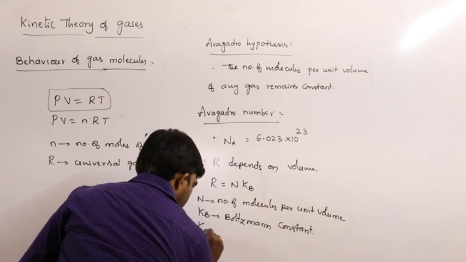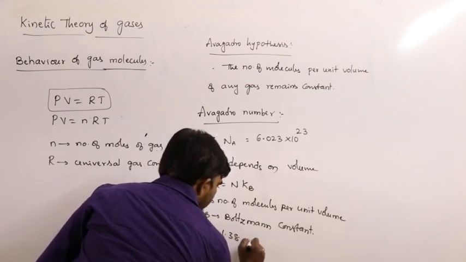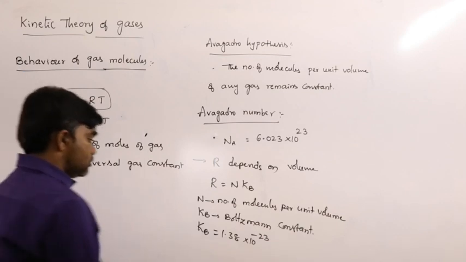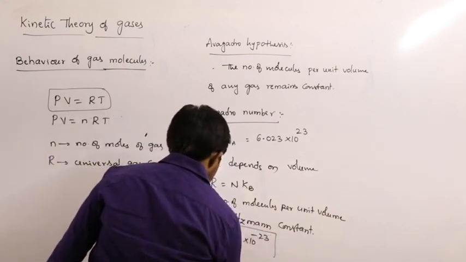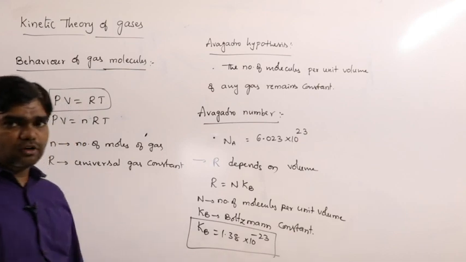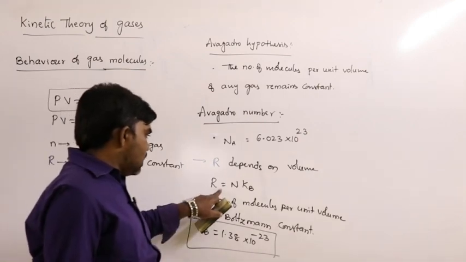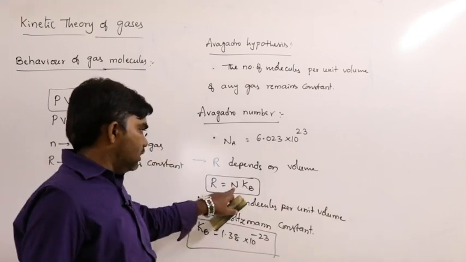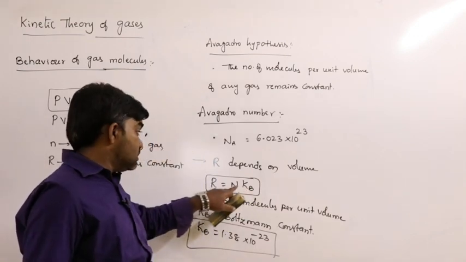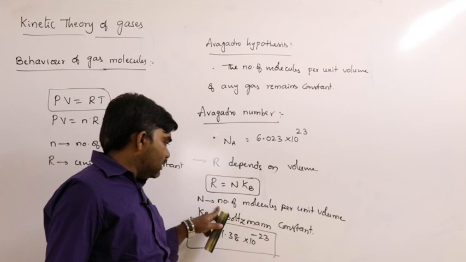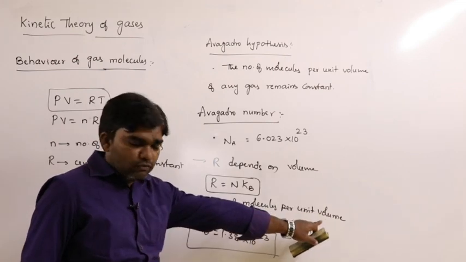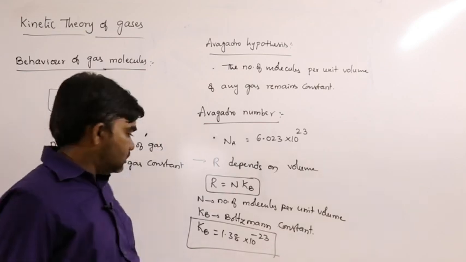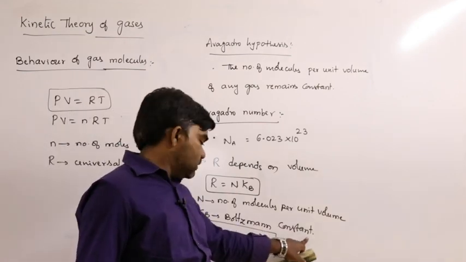The Boltzmann constant Kb is equal to 1.38 into 10 to the power of minus 23. So the universal gas constant R can be defined as R is equal to N into Kb, where capital N is the number of molecules per unit volume and Kb is called the Boltzmann constant.